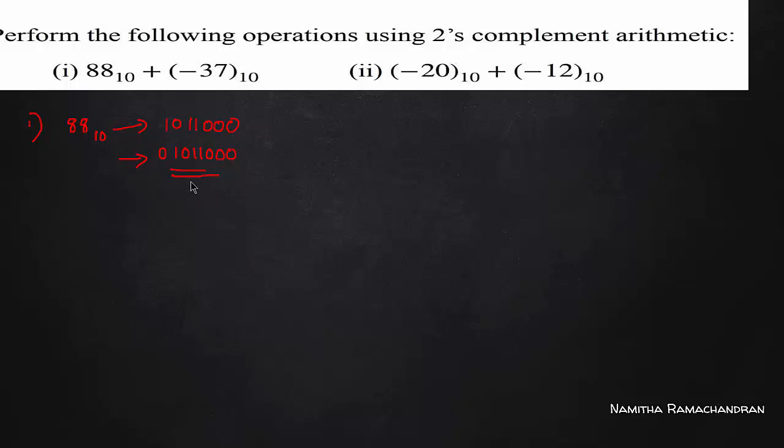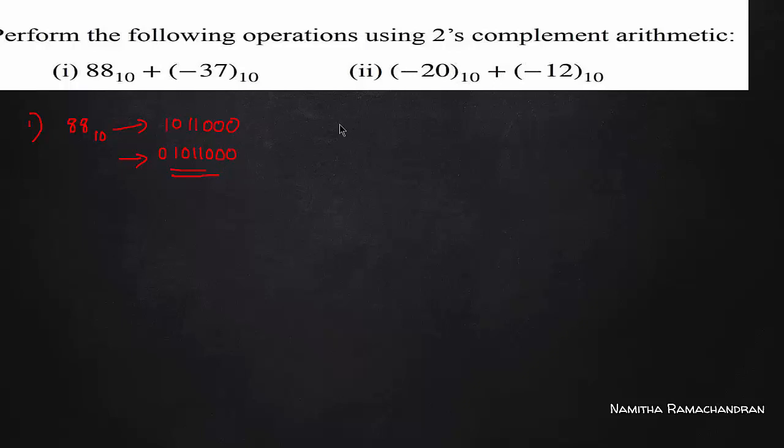All the representations in 1's complement, 2's complement and signed magnitude are the same, and that representation is sign with magnitude. Sign is always positive, so we represent this positive sign with a 0 in the sign bit position, and the remaining bits indicate the magnitude.